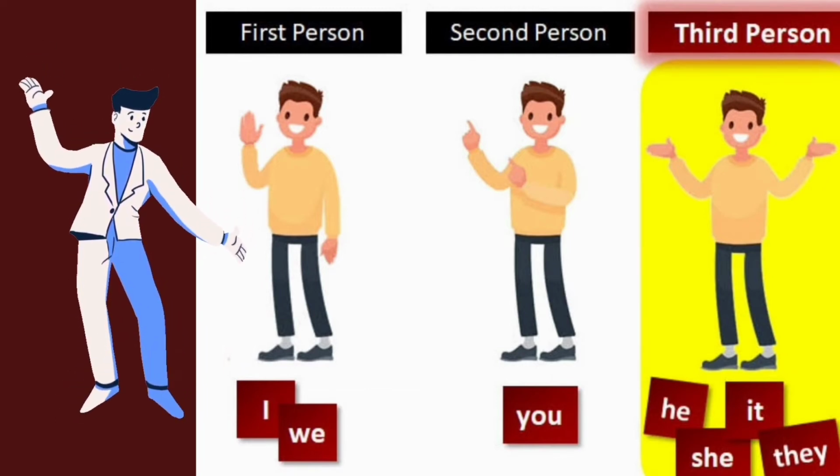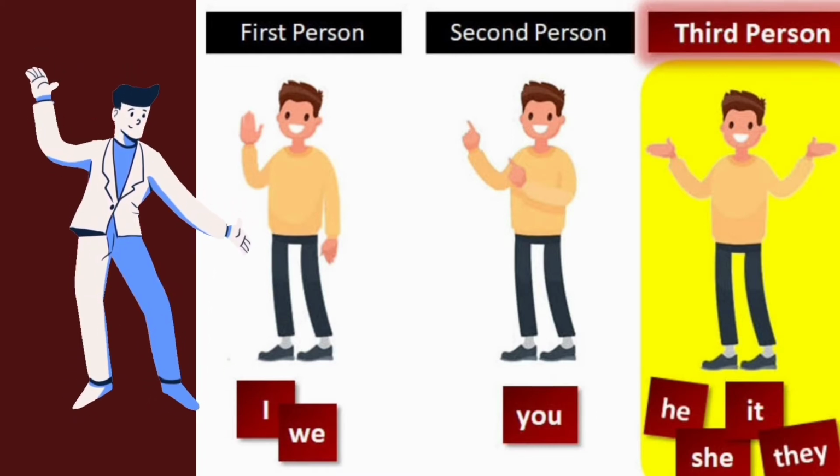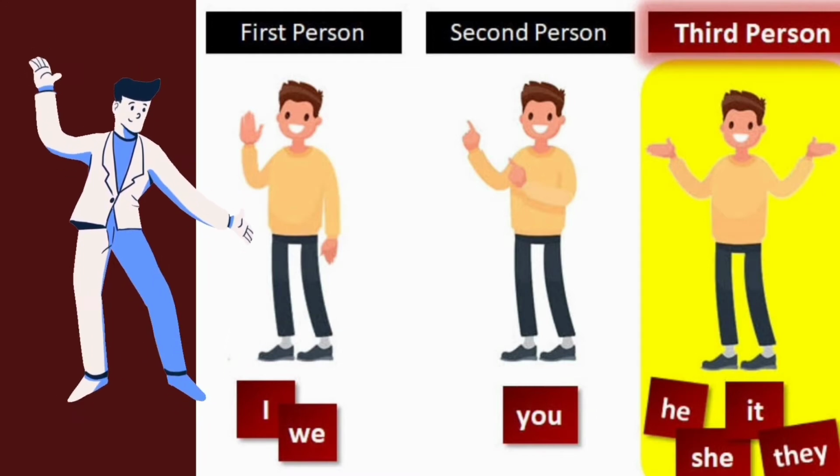To know the answer, we need to know the concept of person. So there are three persons in English grammar: first person, second person, and third person. The examples of first person are I and we. Second person, you. Third person, he, it, she, they, etc.